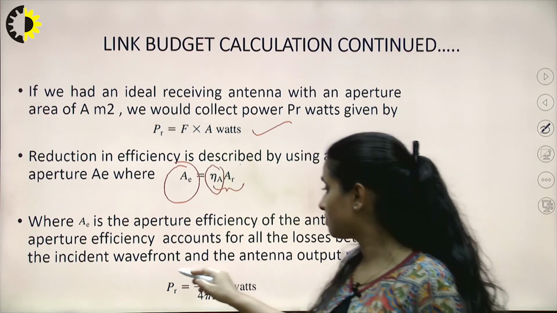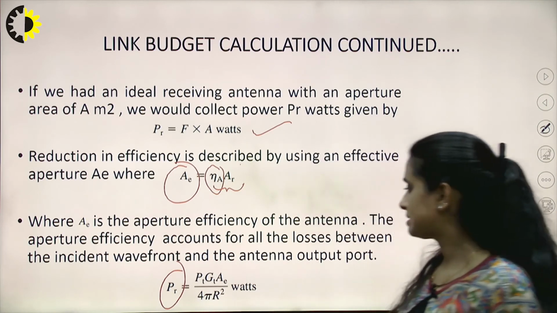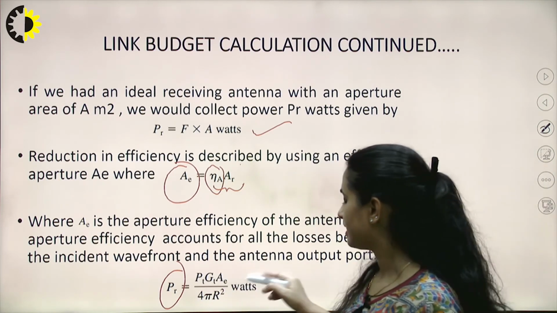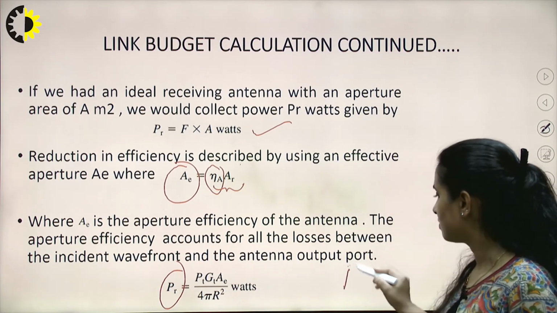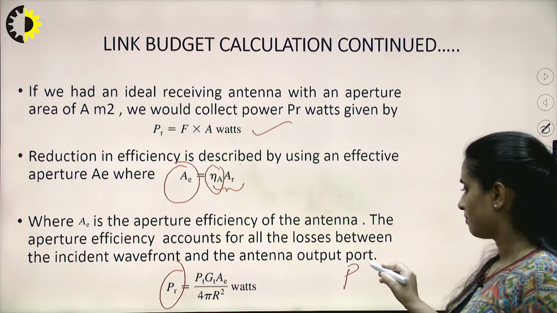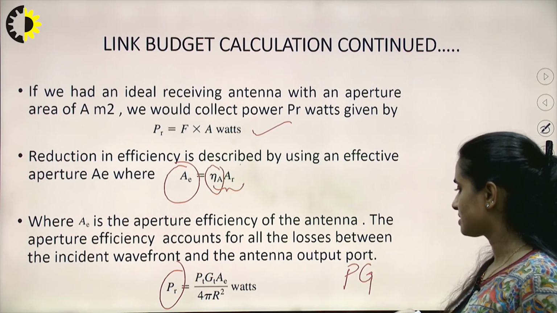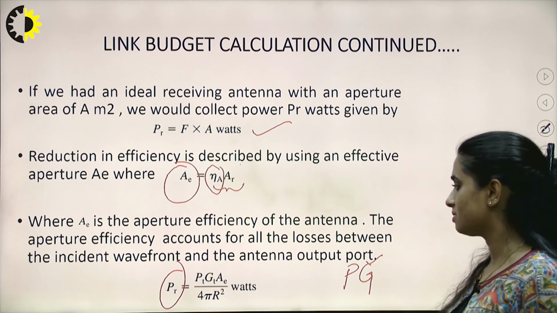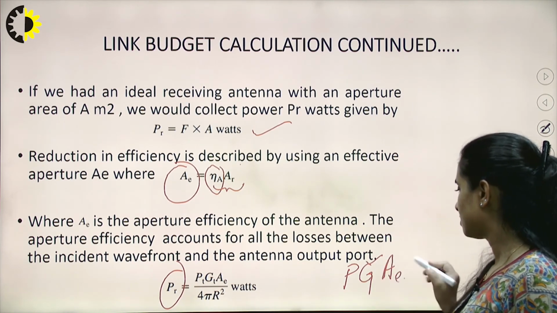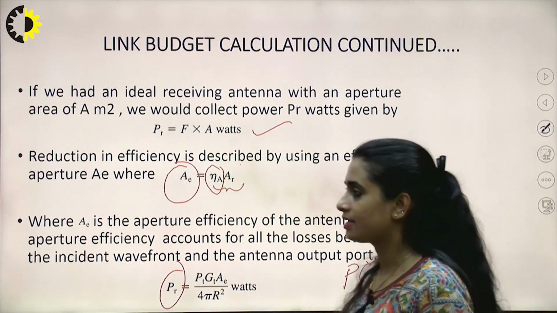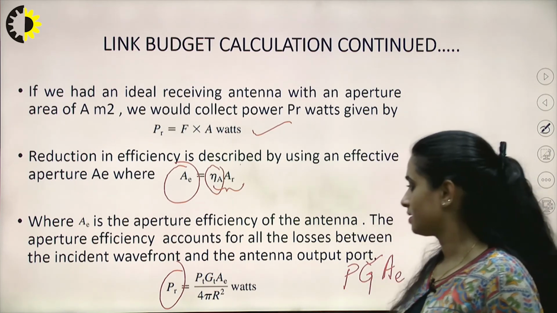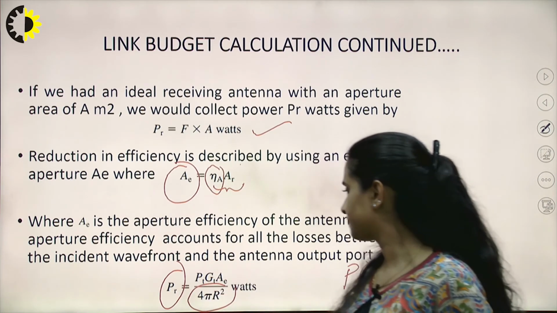And when I talk about the received power, this is calculated in terms of PT, GT, AE. So actually only power is transmitted. For more precise calculation I will consider the gain of the system and not the area of the antenna but the effective aperture, right? And this is the area, right?